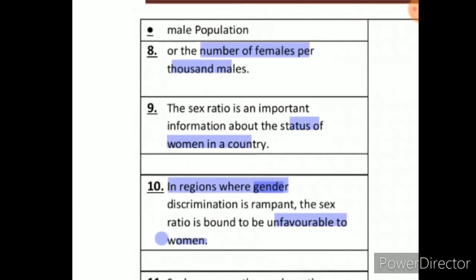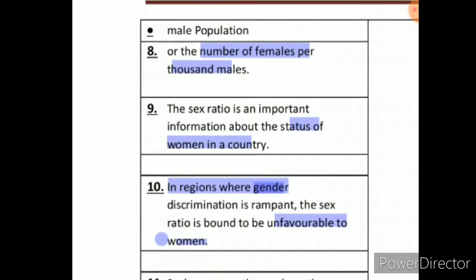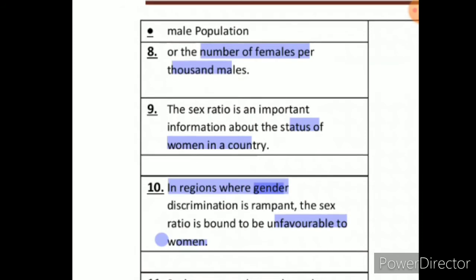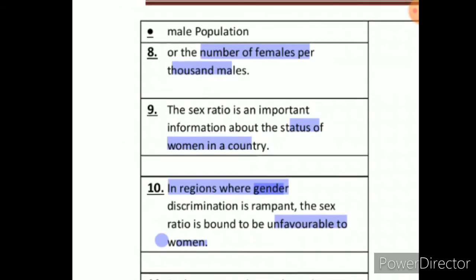If you compare, Kerala is number one, showing good results. The females are more as compared to males. When I use the word that gender discrimination is rampant, it is in such areas where the practice of female foeticide is there. This is a very wrong thing which we are practicing in our society, that is female foeticide, female infanticide.